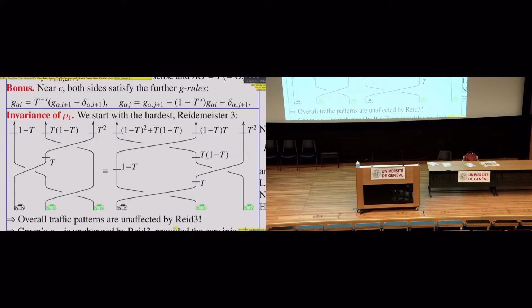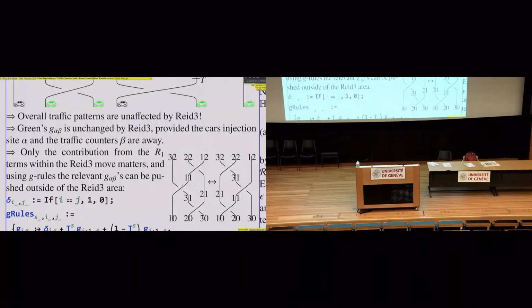Namely, if you enter a Reidemeister 3 interchange at the bottom, you'll exit at the top with the same distribution, be it left or right side. And the conclusion is that the Green function is unchanged provided the car injection point and the traffic counters are away from the place of the move.